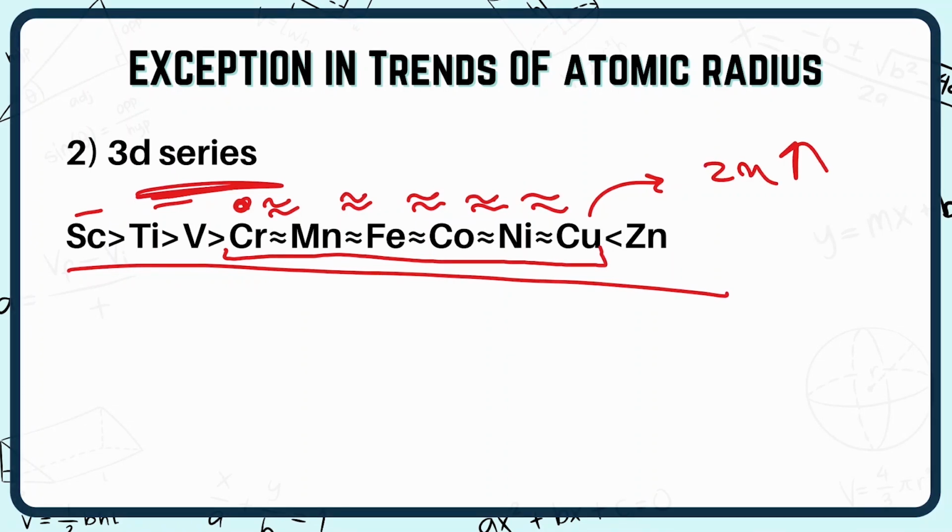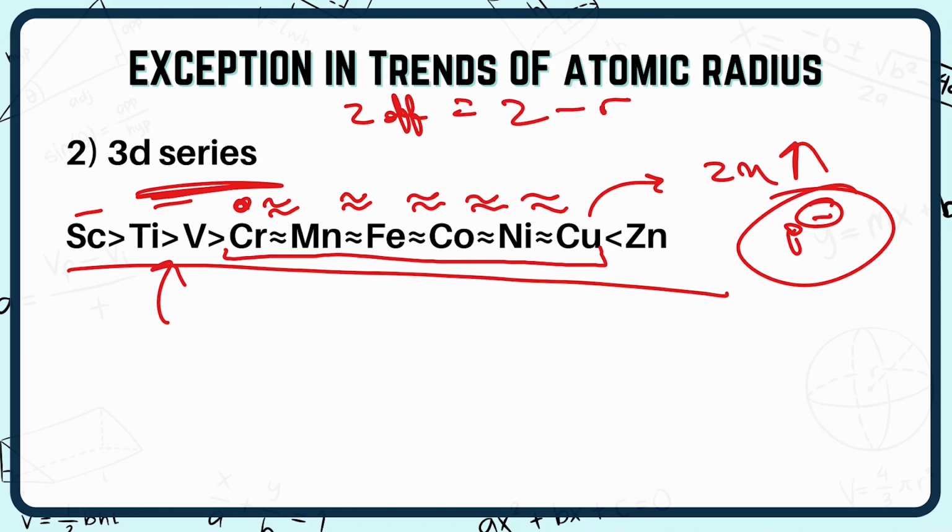Now you must be wondering why it is happening. It is happening because of the addition of electrons in the outer shell. Here in the formula, Z effective is equal to Z minus sigma. Z was dominating, but after this particular point, sigma starts to dominate.